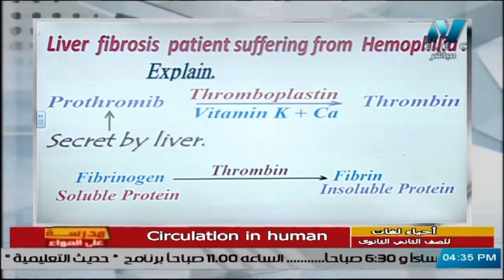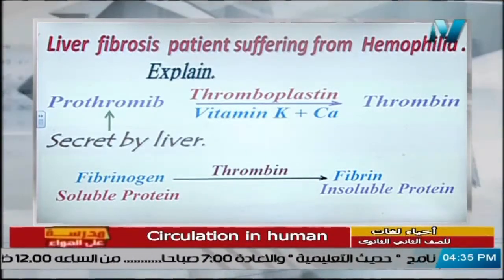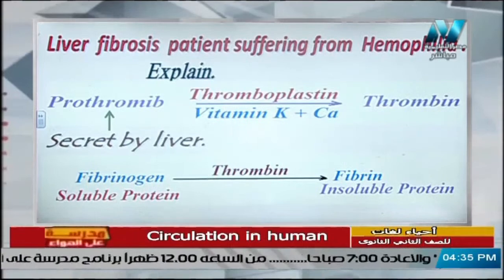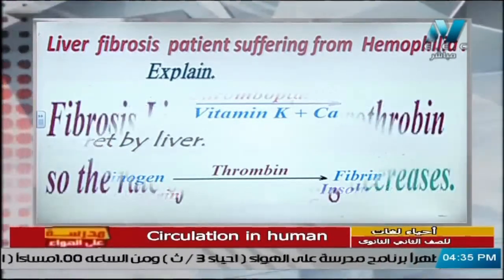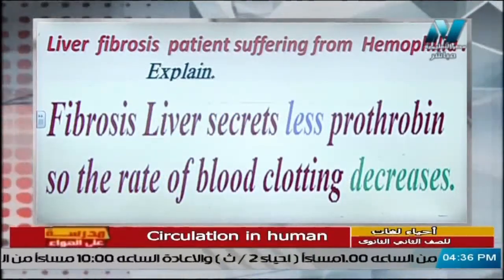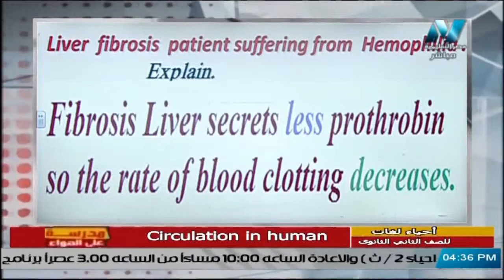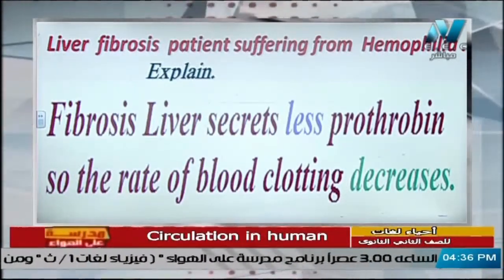When this happens, the ratio of prothrombin in the blood will decrease. Right? So the fibrosis liver secretes less prothrombin, so the rate of blood clotting decreases. The wound won't stop bleeding easily and it becomes a problem.